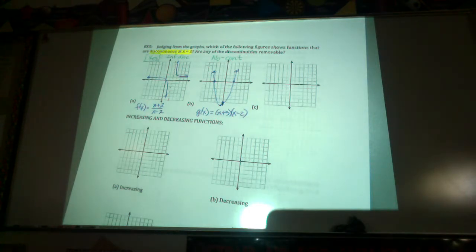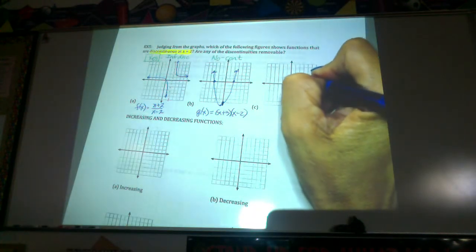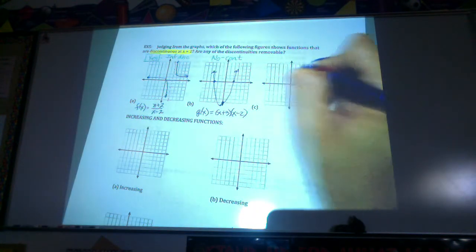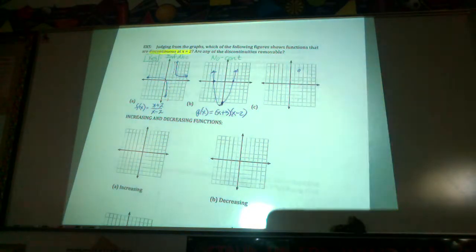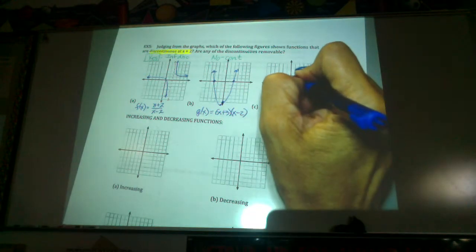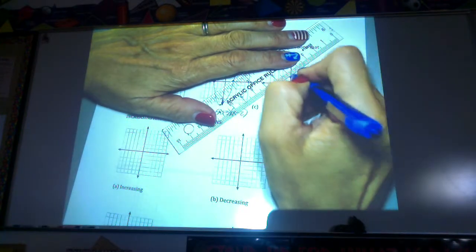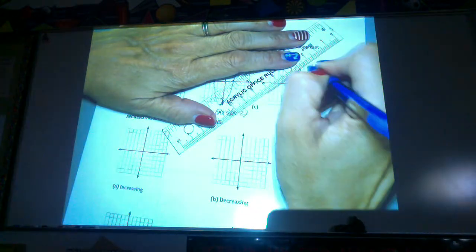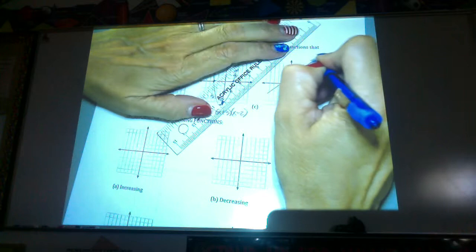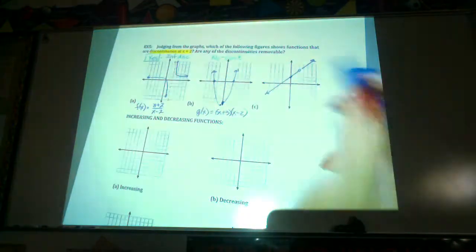Put a hole at the point 2,4 and put a solid point at 0,2, the y-intercept. And then connect a line, but not through the hole off of either end.